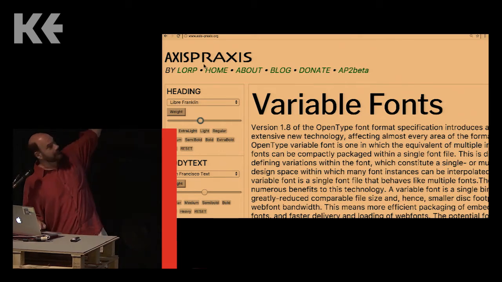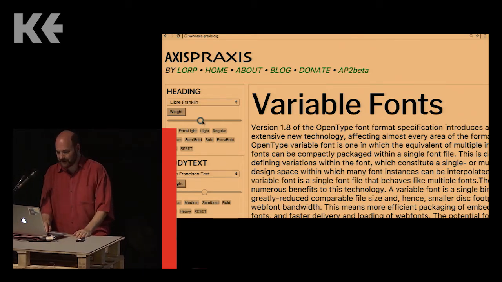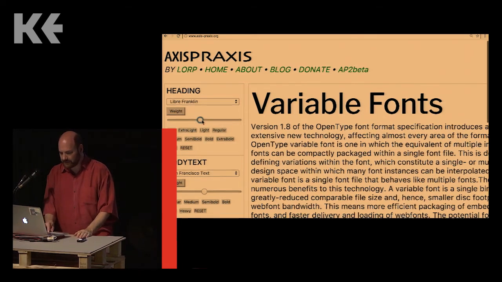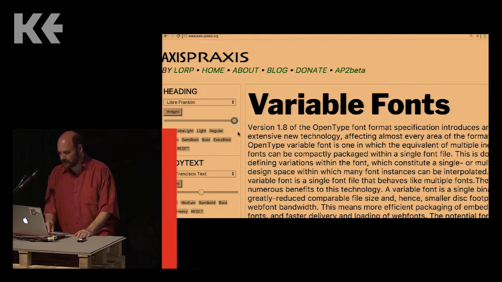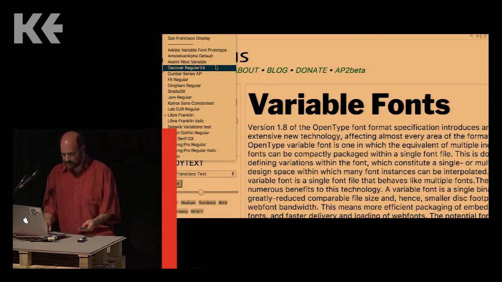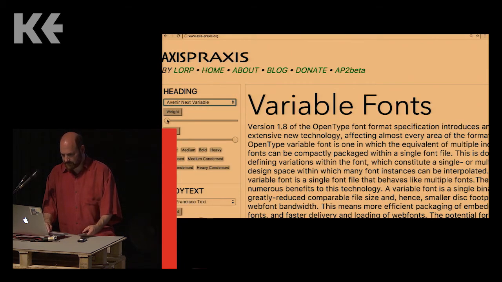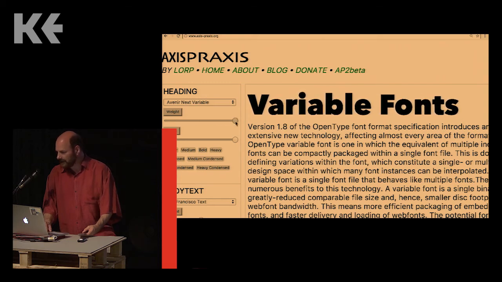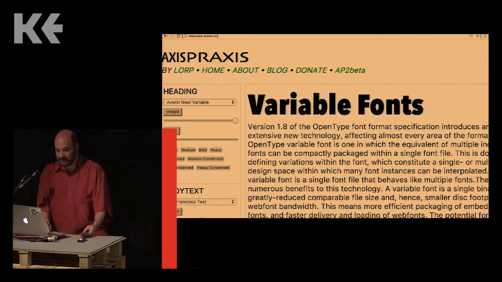There's a dash in the middle in the URL if you can't see it in the back row. And they let you play with a variety of fonts. And they do it live on a web page, and you can even drag your own variable fonts on there if you have others.